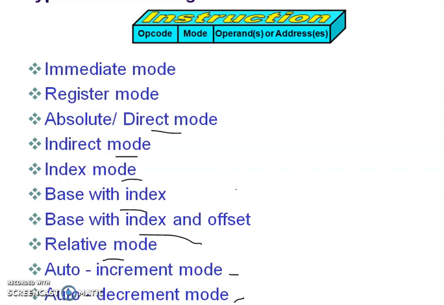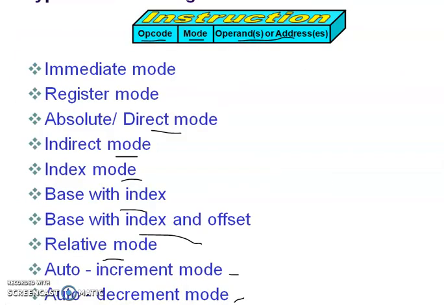These are the different types of addressing modes. As we have said, the instruction will have an opcode field, mode, and operand or address. This is the way in which an instruction is denoted.